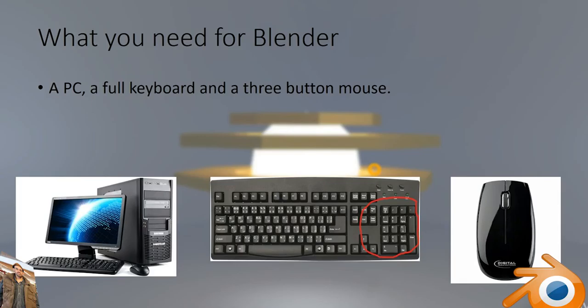So, my advice, if you don't have a full-size keyboard, if you're using a Chromebook or a notebook, or maybe one of the Macs which are smaller size and don't have number pads at the side, then I would advise you get a USB keyboard to attach to your laptop or your PC so that you can use that numpad.